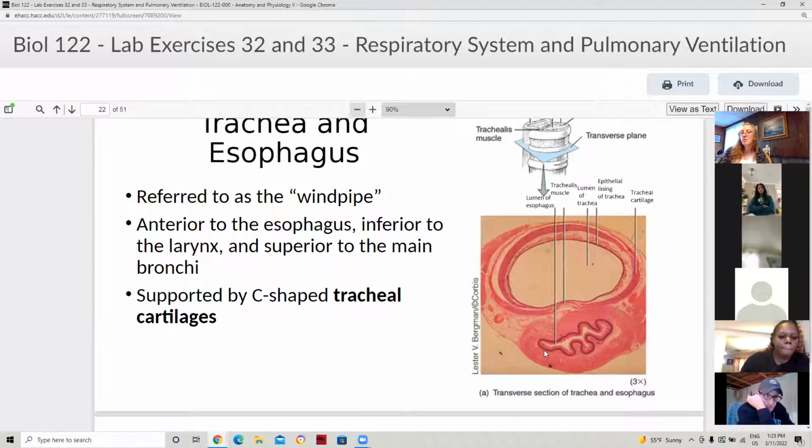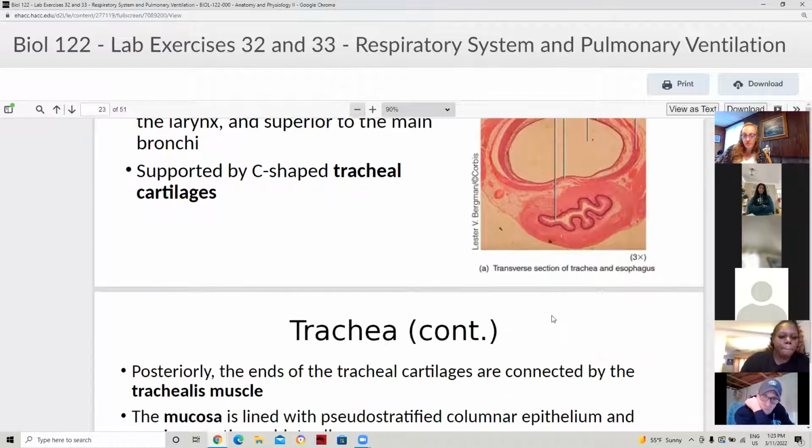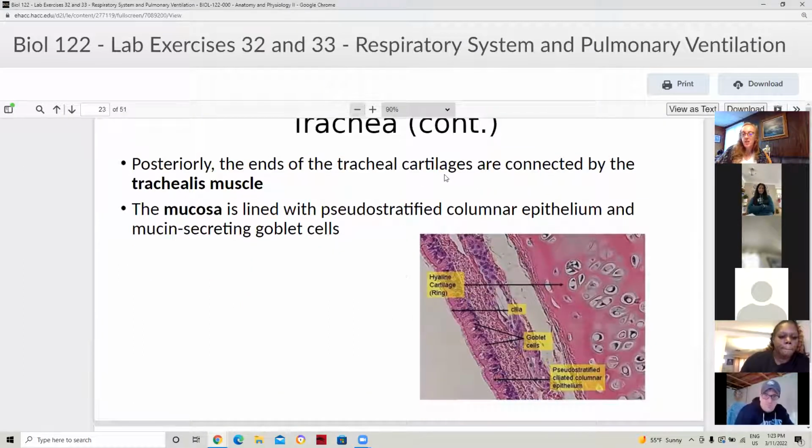The reason you have those C rings is so that the esophagus can expand as you swallow something, and you can get a little bit of a stretch here. Posteriorly, the ends of the tracheal cartilages are connected by that trachealis muscle. The mucosa in the trachea is lined with pseudostratified columnar epithelium and mucin secreting goblet cells. Remember, goblet cells secrete mucus.